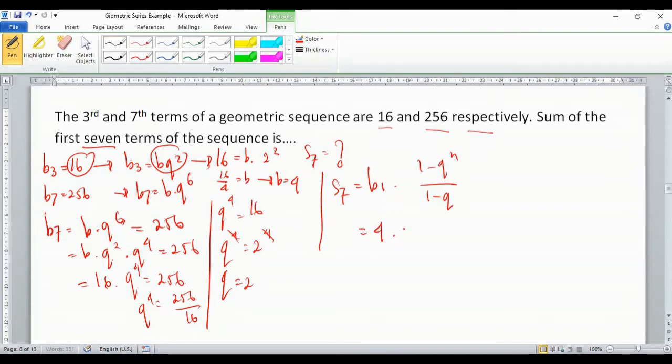B1 is 4. 1 minus 2 to the power 7 over 1 minus 2. So from here, 4 times minus 1 plus 2 to the power 7, which is 128, less 1, is 127. So we can cancel the minus 1 and minus 1, and then times by 4. 127 times 4.